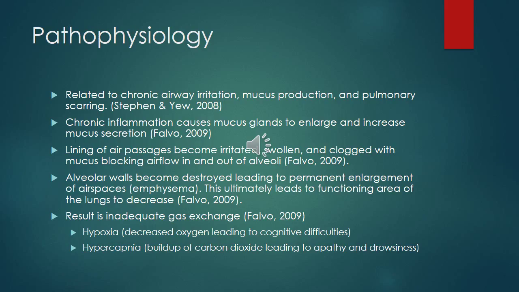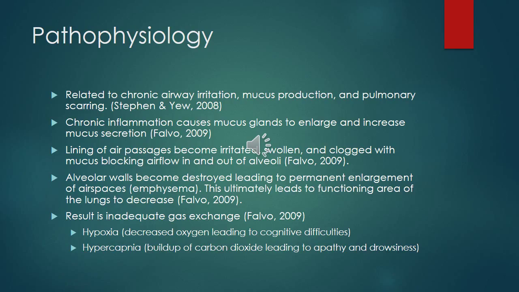And so when you aren't able to bring enough oxygen, that leads to mental and cognitive difficulties due to oxygen deprivation. And as you build up more carbon dioxide, that actually can lead to what we may see as apathy and excessive drowsiness within the patients. And we'll talk more about some medical family therapy interventions that can help reduce the risk of hypoxia and hypercapnia as we move forward.